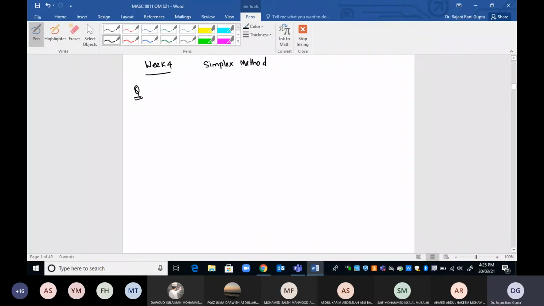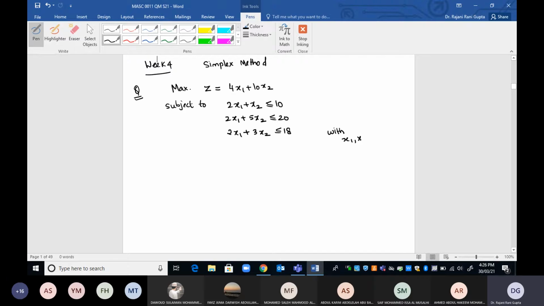So let's take: maximize z equal to 4x1 plus 10x2, subject to the constraints 2x1 plus x2 less than or equal to 10, 2x1 plus 5x2 less than or equal to 20, 2x1 plus 3x2 less than or equal to 18, with x1, x2 greater than or equal to 0.